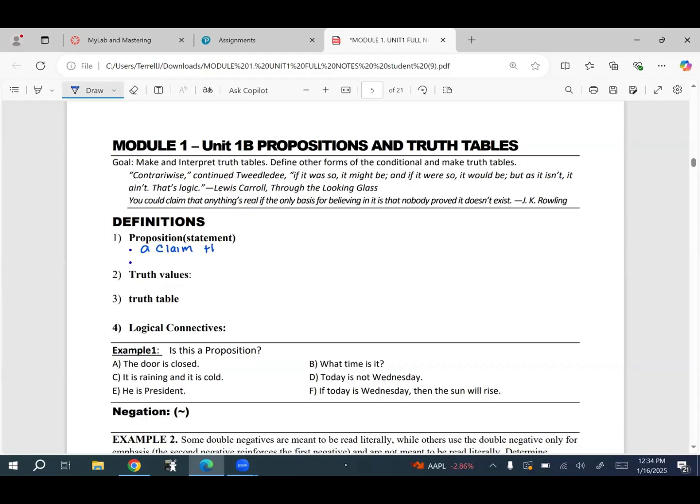A claim that may be either true or false. Okay, so a proposition is just a statement. It could be either true or false, but one other thing, it must be a complete sentence.